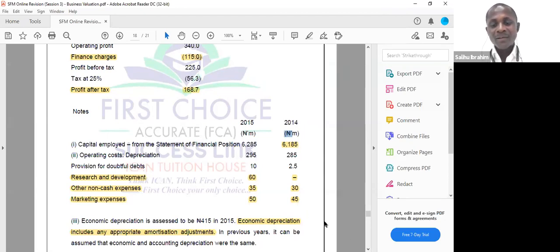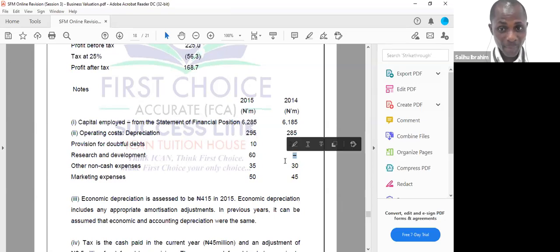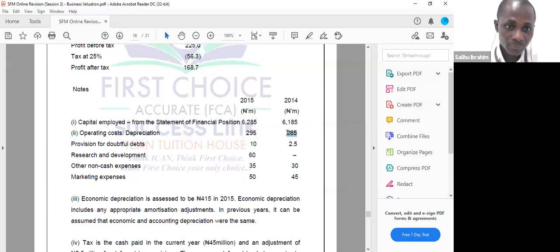So number one is, come and look at your figures. You will see that in 2014, there was no research and development, Abi. But we have what? We have depreciation, right? Can you see depreciation there under 2014?